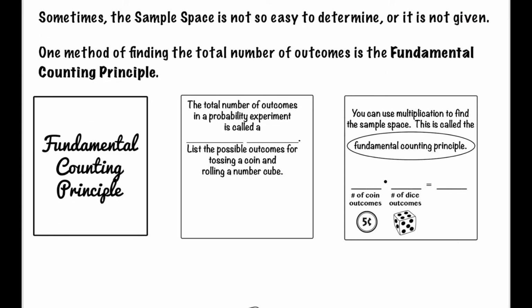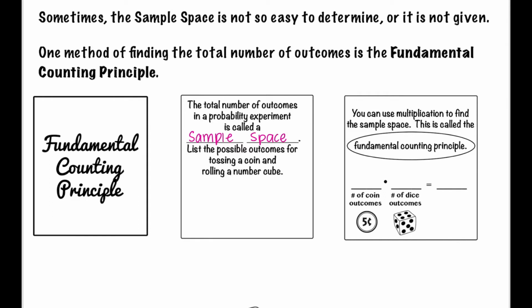So first, we know that the total number of outcomes in a probability experiment is called the sample space. You would only be using the fundamental counting principle if you're trying to find the sample space. In the last example, we didn't have to use any special way of finding the sample space because we could easily determine that if you roll a dice, you have 6 possible outcomes.